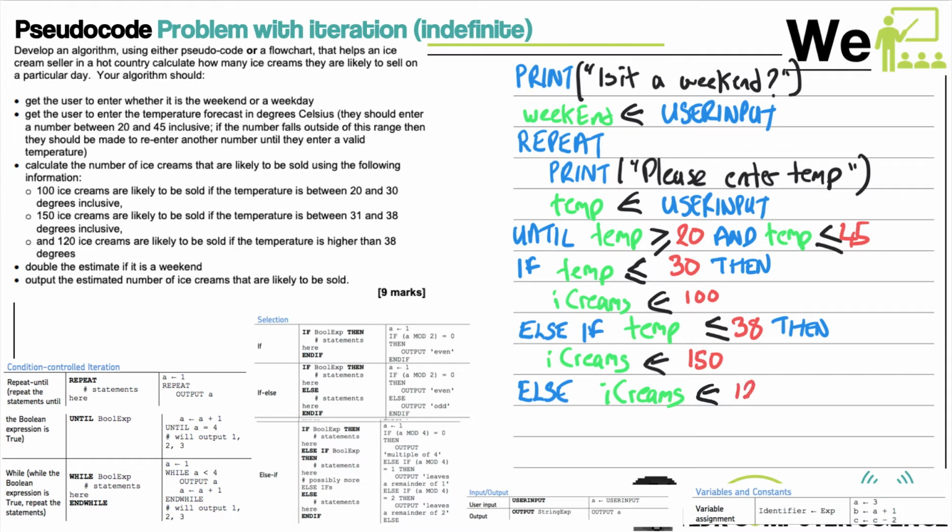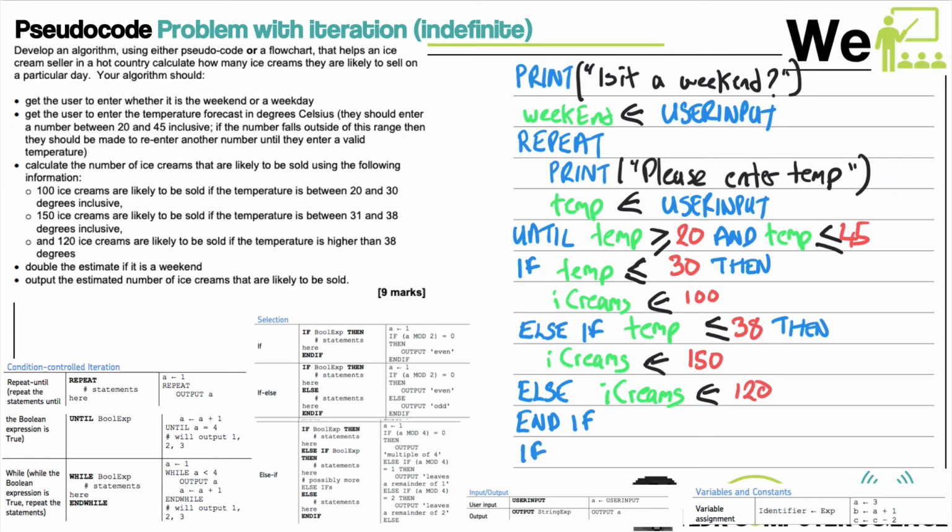It's 120. Okay. Double the estimate if it's a weekend. So we'd have to say in here, if, oh sugar, for all of this statement, I'm really going to be low on space. So if what?